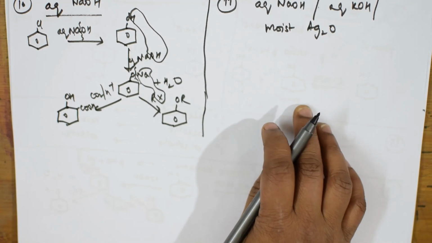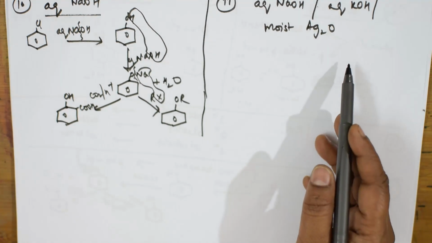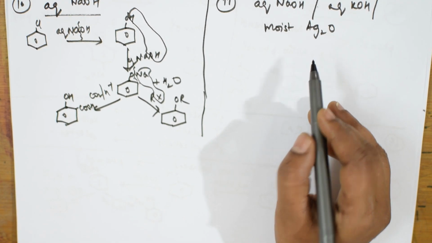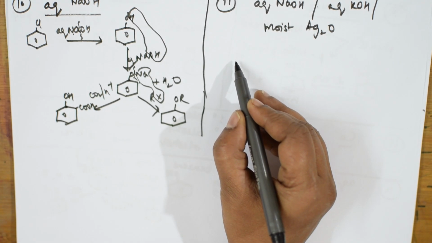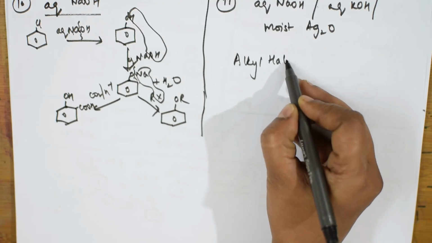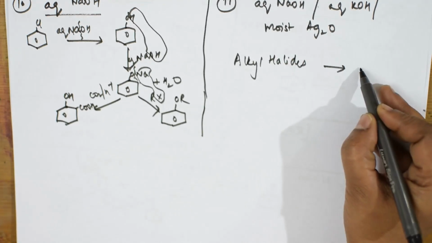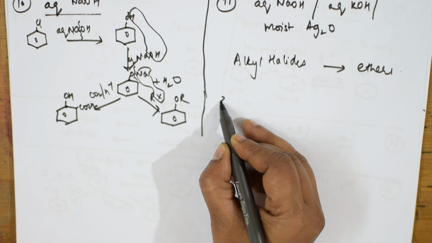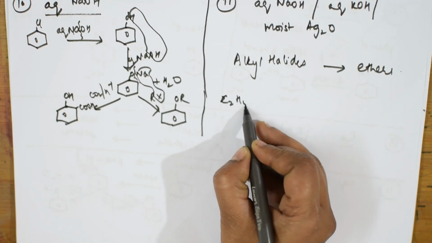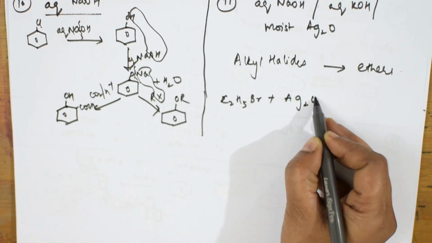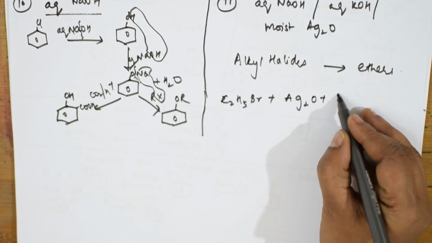Suppose you have aqueous sodium hydroxide, aqueous KOH, or moist silver oxide. Remember, moist silver oxide converts alkyl halides into ethers. How, we will see. Suppose I take an alkyl halide C2H5Br plus Ag2O plus BrC2H5.